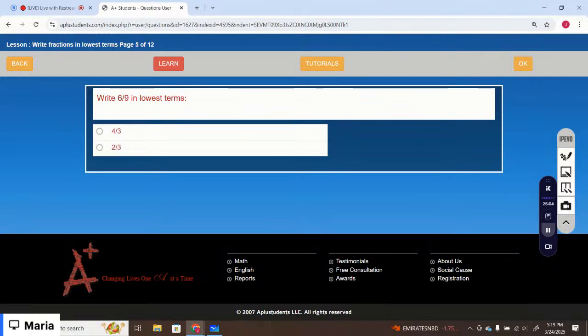Write 6 by 9 in lowest term. So which is the correct option? That is 2 by 3. Option number 2 is the correct option.